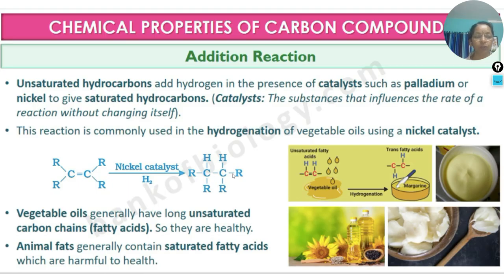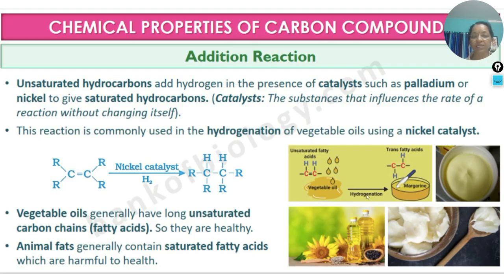And what is the use of this? Vegetable oils which are unsaturated can be changed into saturated fatty acids like this. See the picture: vegetable oils which are unsaturated, having a double bond in it, are converted into fatty acids with no double bond, saturated. It is called margarine. So vegetable oils can be converted into artificial butter, margarine. What is the process? Hydrogenation.